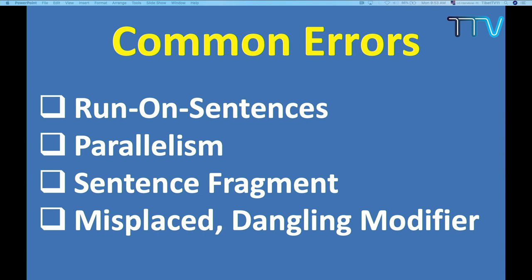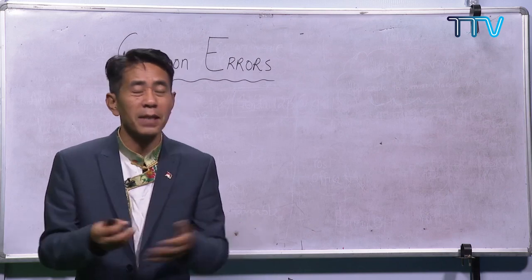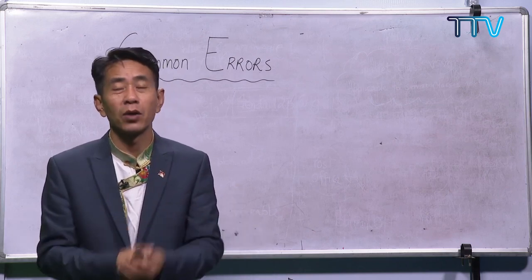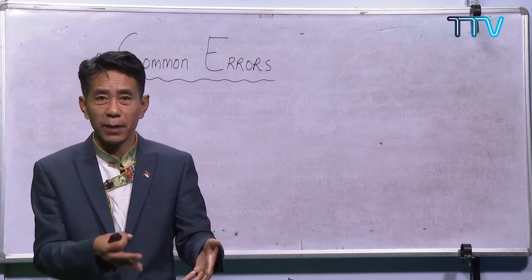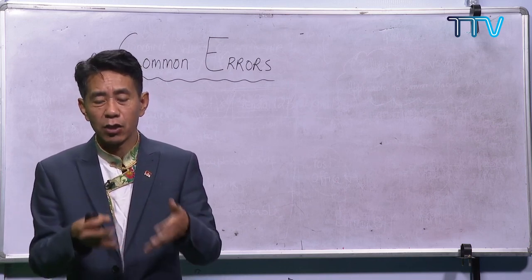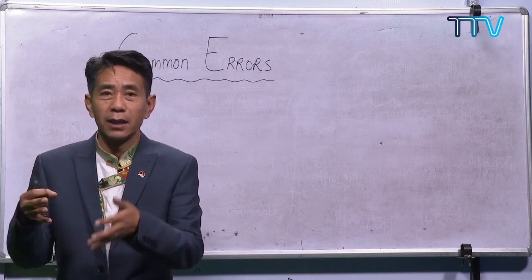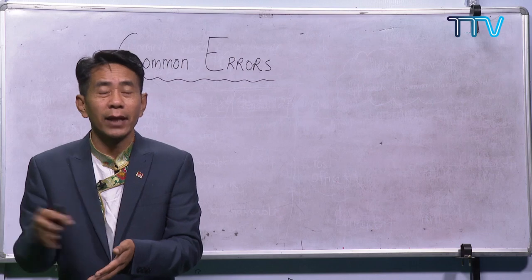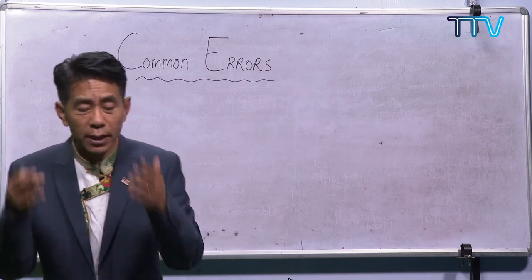We have got different kinds of words, and if these modifiers are properly used, it's okay, but sometimes there are some mistakes. For example, we have the misplaced modifier. We also have the dangling modifier. Misplaced means the modifier is not properly placed. Dangling modifier, the modifier is dangling. It does not have any particular verb.